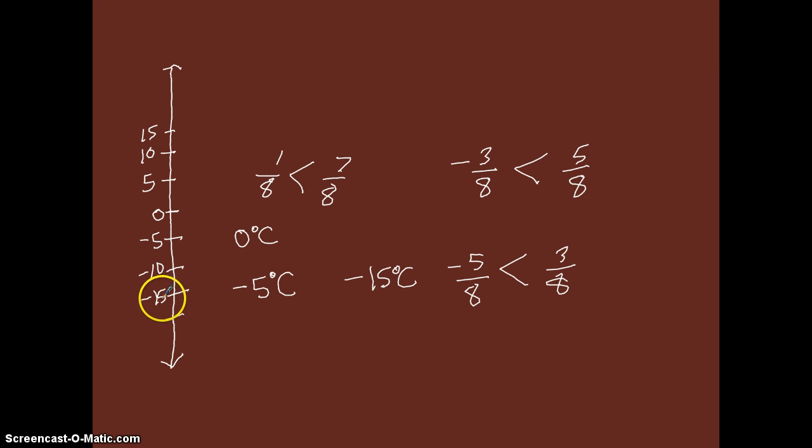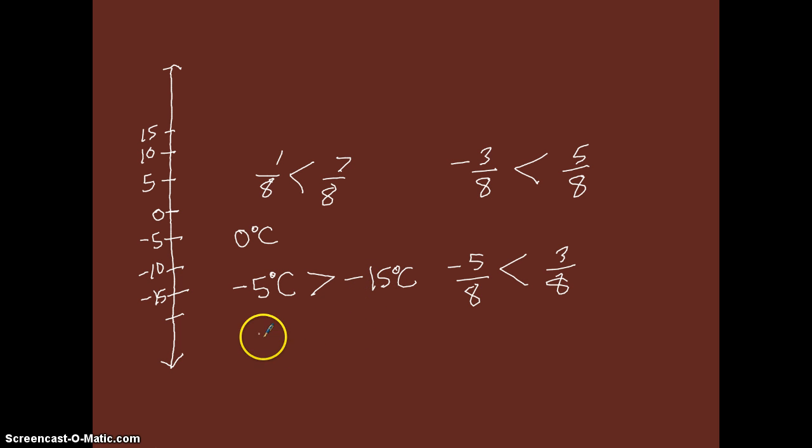Now, because -15 degrees is lower than -5 degrees, we know -5 degrees is greater than -15 degrees Celsius. Just speaking in relative terms, I would rather the temperature be -5 degrees Celsius than -15 degrees Celsius, because this would be much, much colder.